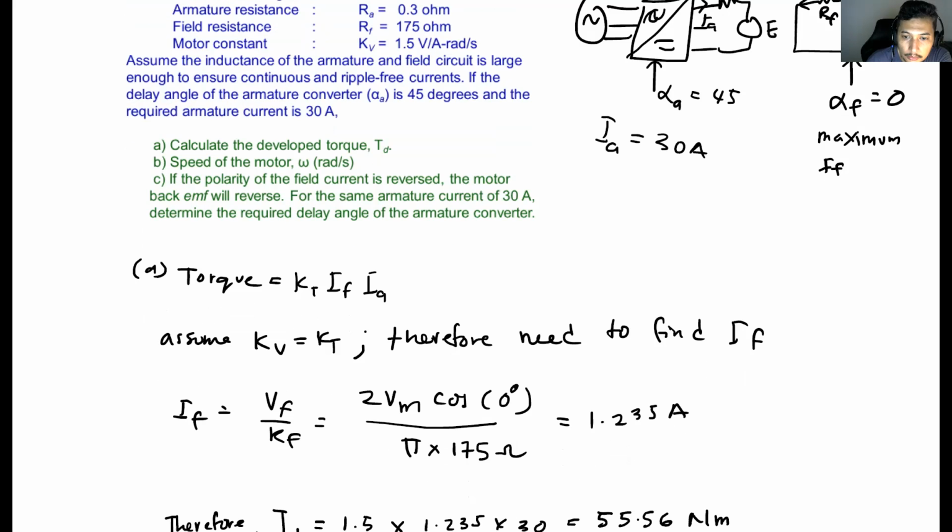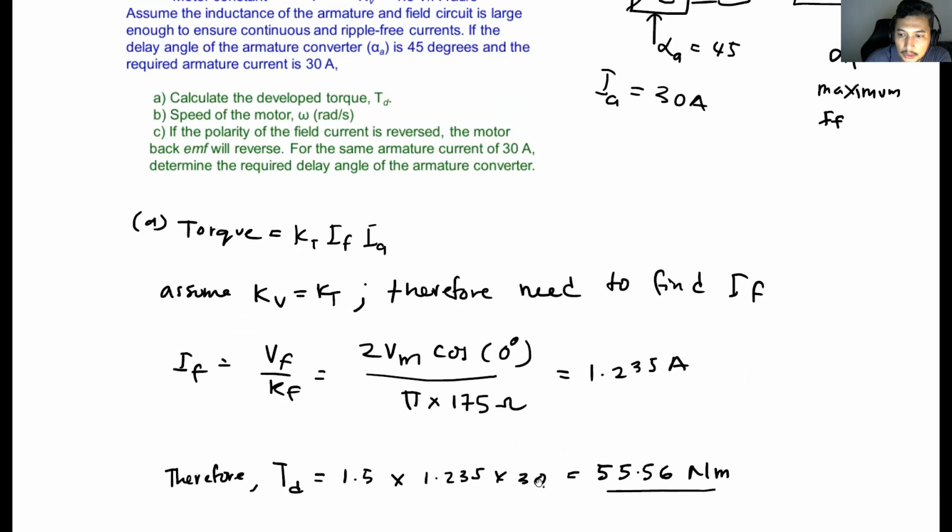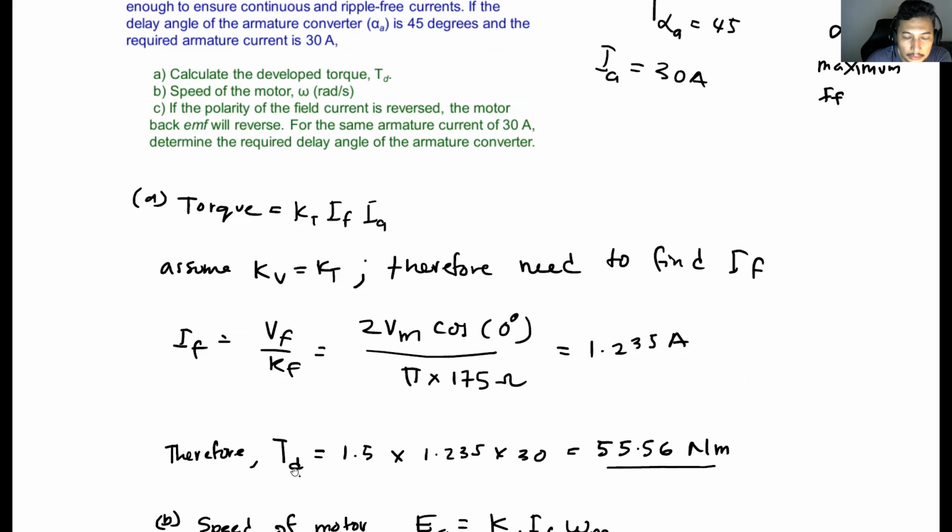After you have found it, you can calculate the torque developed by the motor using this equation. KT is 1.5, IF is 1.235, and IA is given as 30. So the torque developed by the motor is around 55.56 Newton meter.